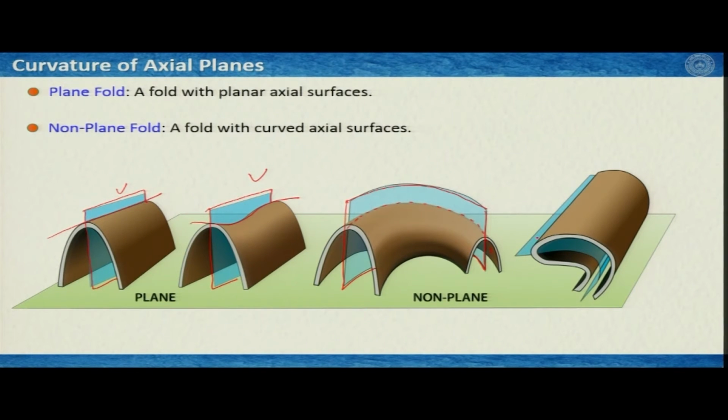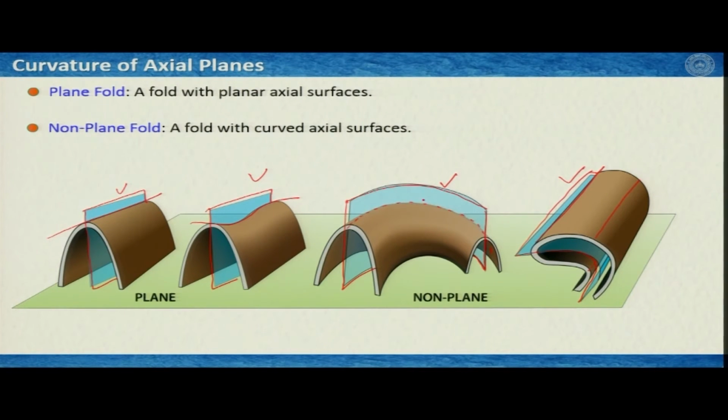But here the fold axis, you can see it here, here, or even here, is straight, but the axial plane, this blue plane which is bisecting the fold, is curved as well. So, here it is curved, here it is curved, therefore, both are examples of non-plane fold.